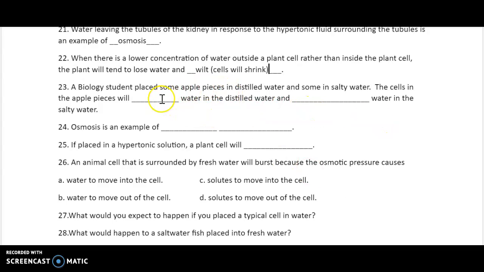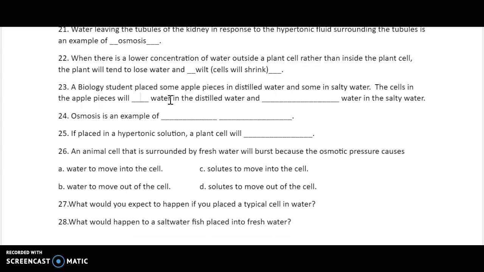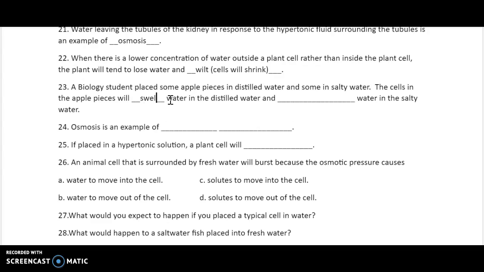Well, distilled water has a lot fewer particles in it than the apple pieces, so water is going to move toward the apple pieces and they will swell, and they also become rigid. The distilled water is a hypotonic solution, so the water is going to move into the cells and they are going to swell or become rigid.